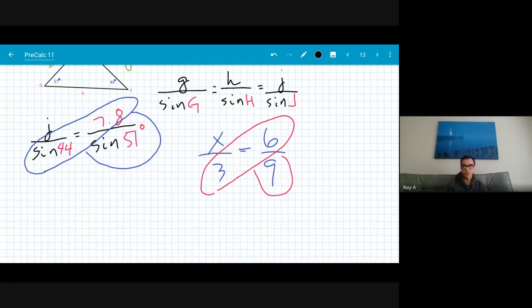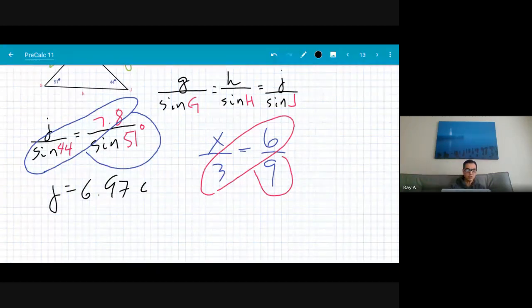I don't know what your calculator is; you have to be familiar with it. Also, make sure that you are in degree mode, because there are three modes: degree, radians, gradient. We're doing degrees only. If you're doing this correctly, the answer would have been about 6.97 centimeters, and rounded to the nearest centimeter would be about 7.0.